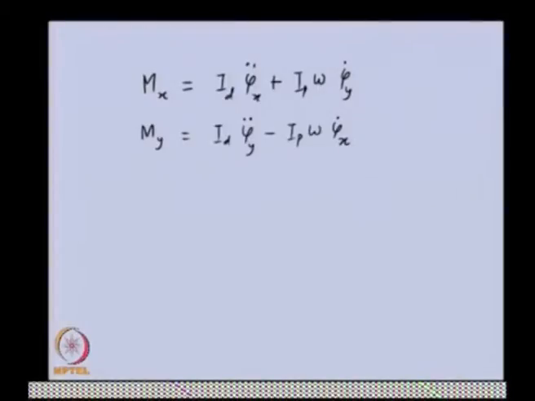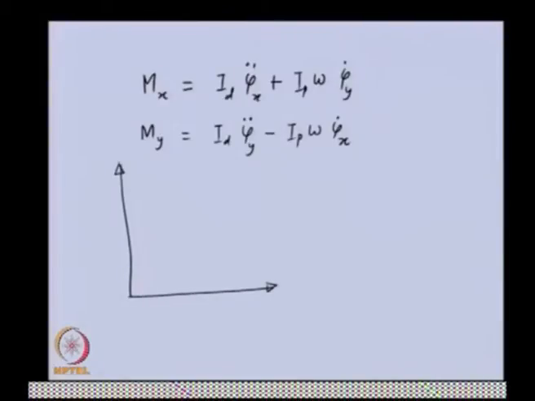Now, once we obtain the inertia terms, we can take the free body diagram of the disc not only for the rotational motion, but also for the translatory motion, and then we can get the equation of motion.